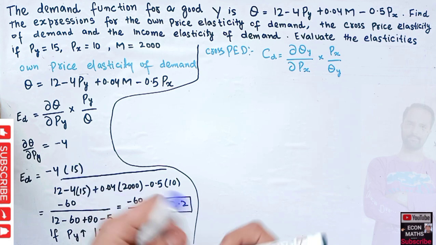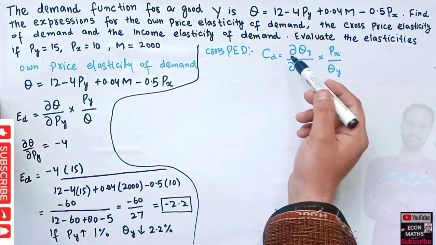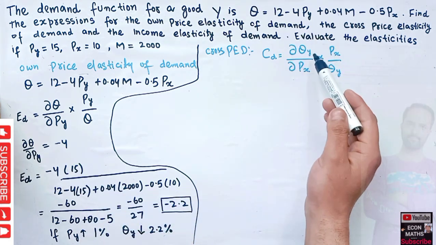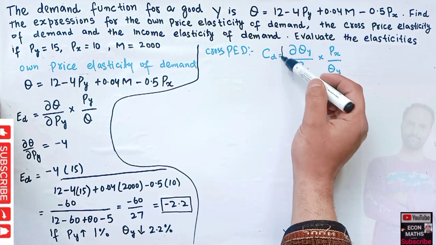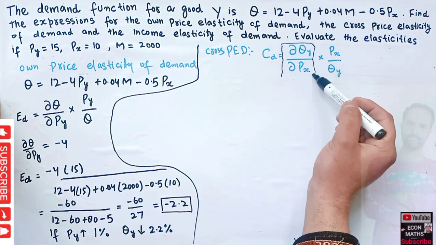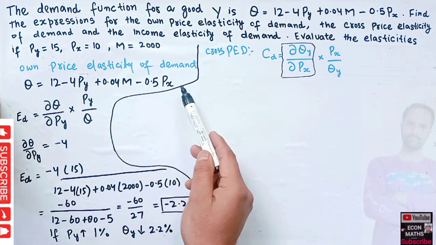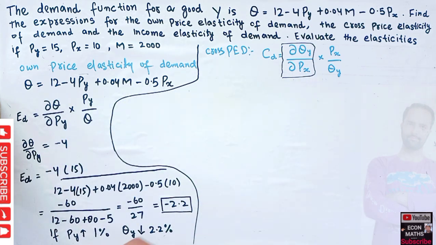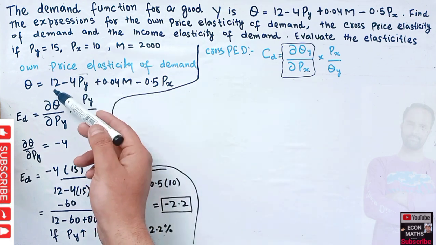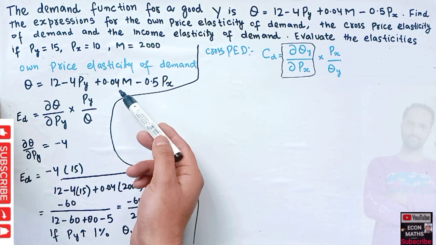Now what is this derivative here, dQy upon dPx? What does this tell us? We need to take the partial derivative of this demand function with respect to the price of X this time. Here we don't have Px involved in the first three terms.